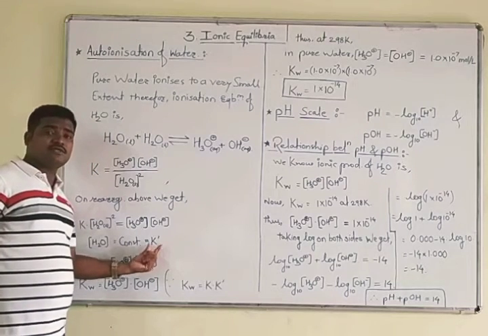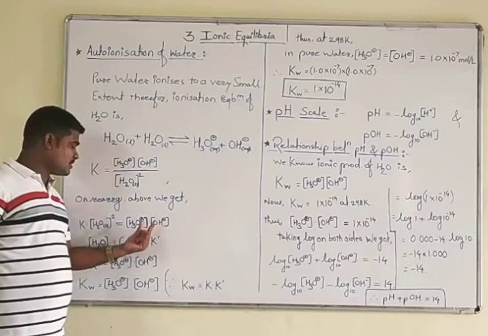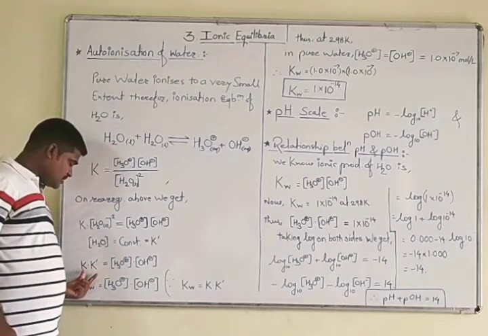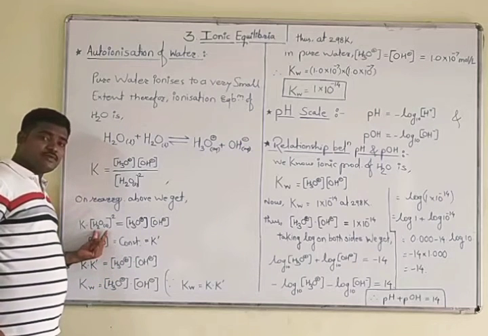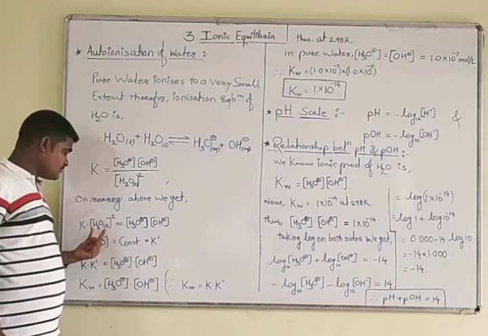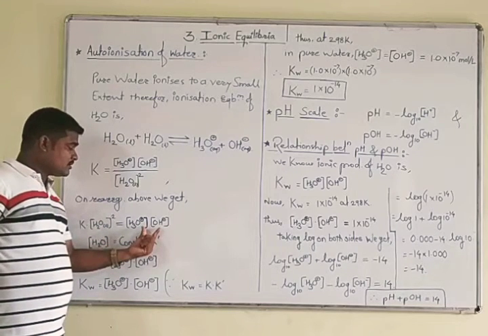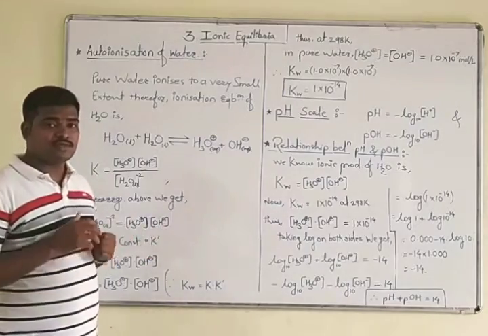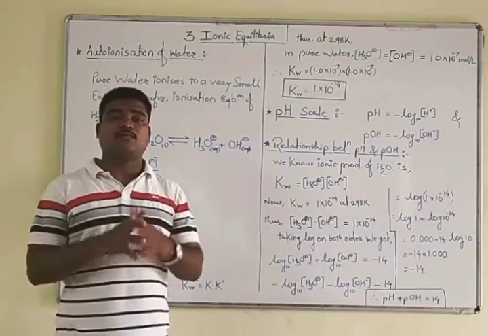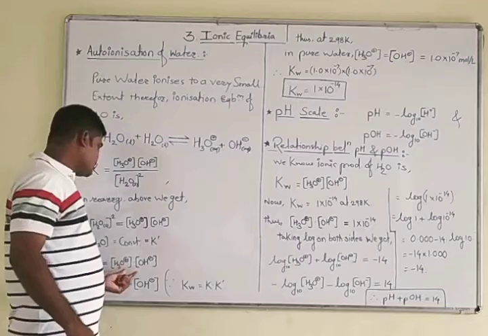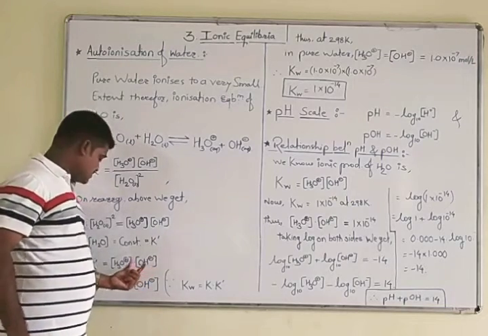When we use this value in the above equation, what do we get? K into the concentration of H2O, in the sense that in place of [H2O] squared we use K dash, and the product of H3O+, that is hydronium ion, and hydroxide ion, OH-.